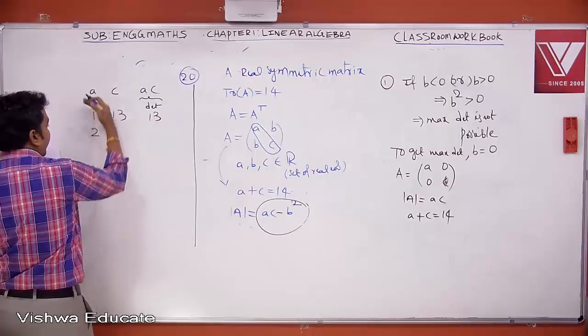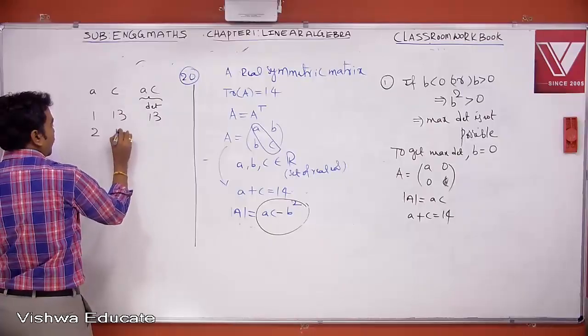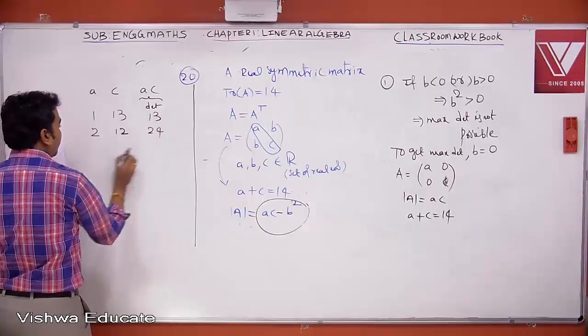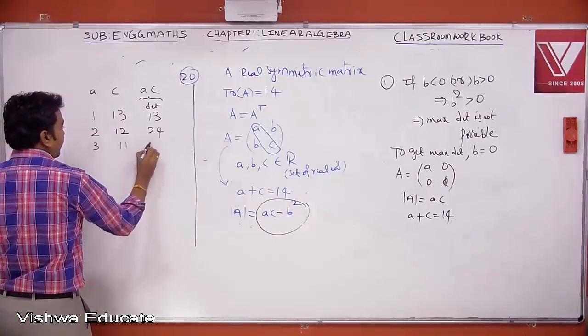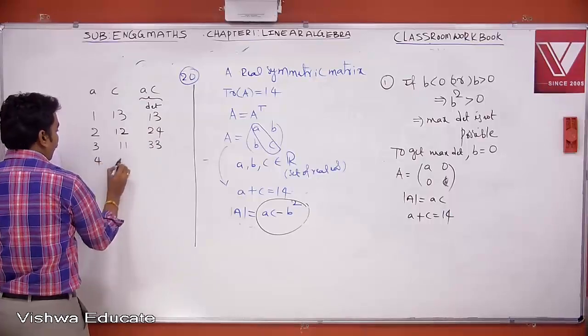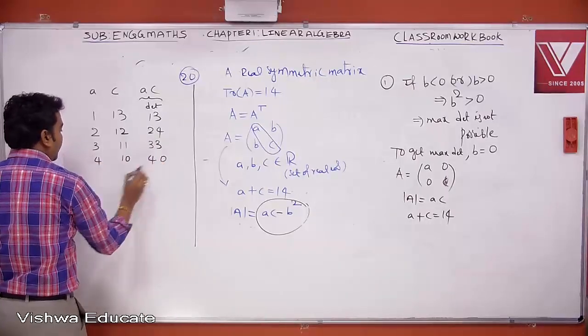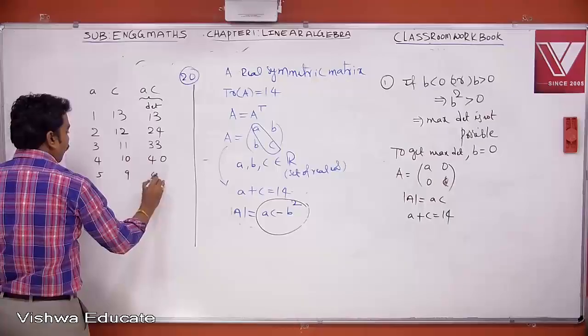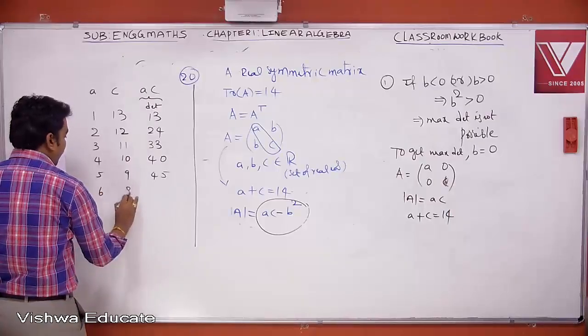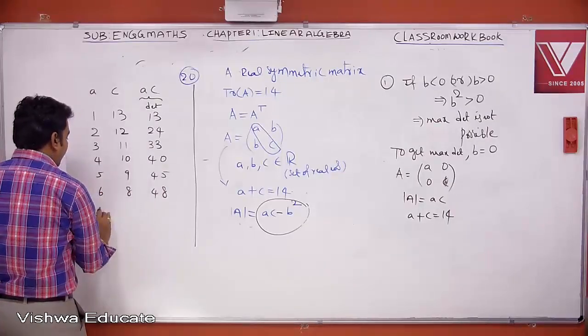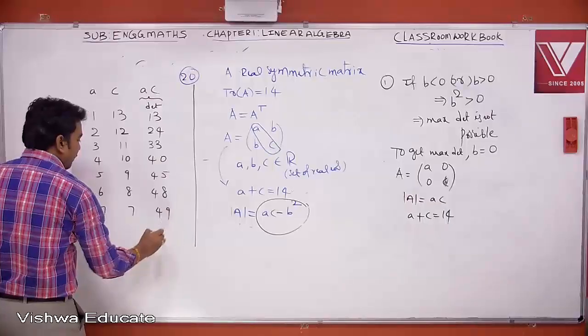If this is 2, increase A value, decrease C value, so that sum must be 14. Det value 24. If it is 3, this is 11, 33. If it is 4, this is 10, this is 40. If it is 5, 9, 45. If it is 6, 8, 48. If it is 7, this is 7, this is 49.